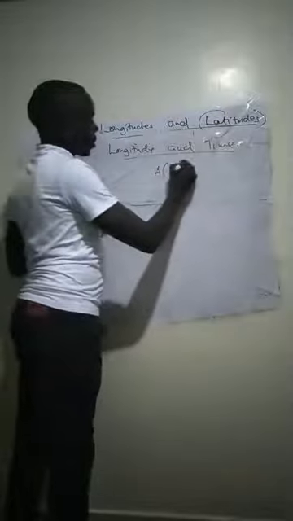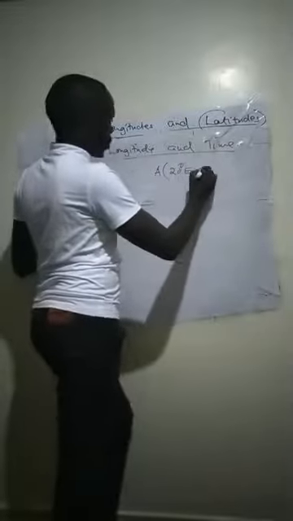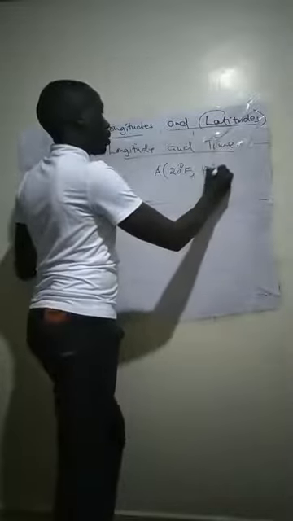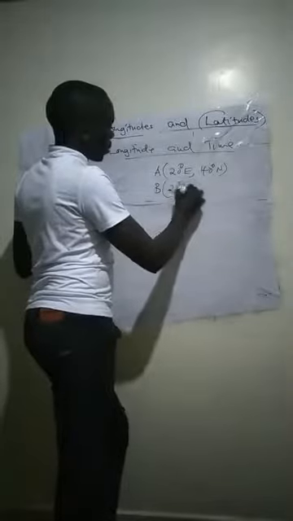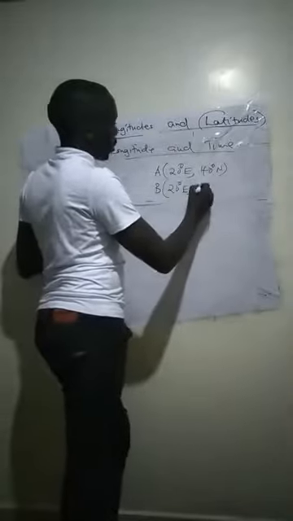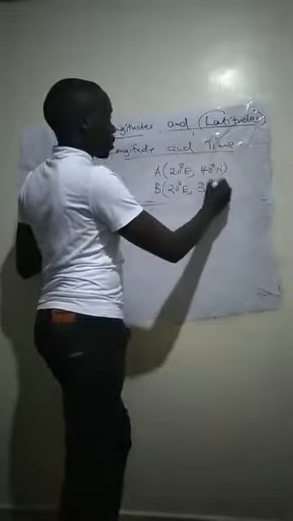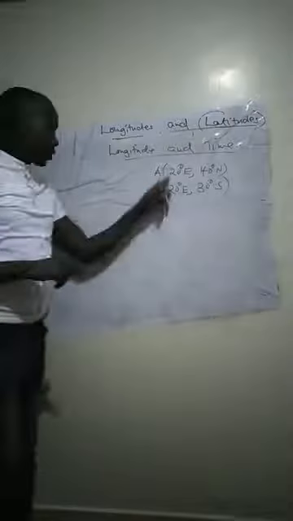If you're given 2 towns, say A, 20 degrees east and 40 degrees north, and B, 20 degrees east and 30 degrees south. These 2 towns lie along the same longitude, 20 east, 20 east.